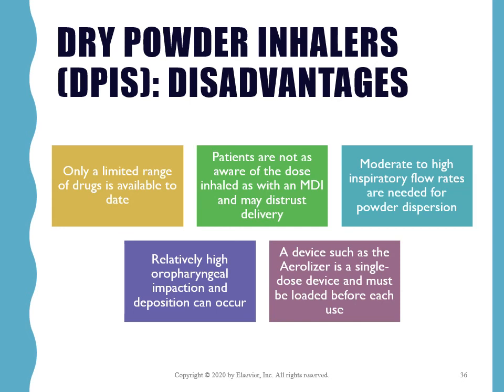Disadvantages. Not all drugs come in DPIs, and patients don't always know the dose they inhale and may distrust inhaling a dry powder. You have to have moderate to high inspiratory flow rates in order to disperse the powder, and they still will impact the oropharynx and the mouth.